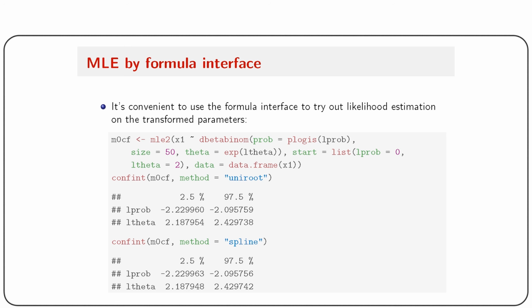For example, m0cf equals mle2, x tilde dbetabinom, prob is plogis(lprob), size equals 50, theta equals exp(ltheta), start list, lprob equals 0, ltheta equals 2, and data equals data.frame(x1). And for that object, if you get the confidence interval, confint(m0cf, method equals uniroot), that will give you the 95% confidence interval of the estimates, and confint(m0cf, method is spline) will give the spline method and the 95% confidence interval of the estimates.